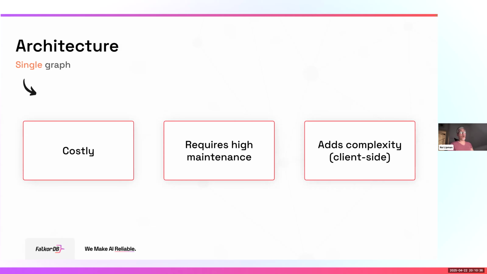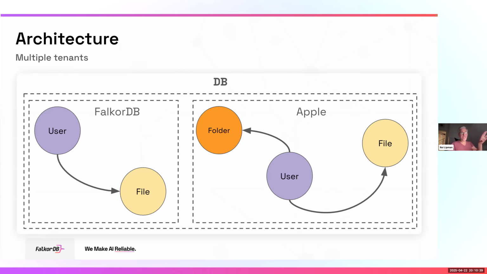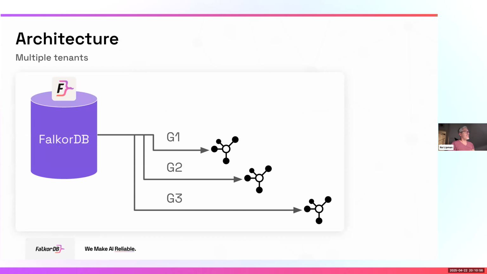And so what we really want is this type of architecture, where basically we have a single database which is able to manage multiple different isolated graphs, what we refer to as multi-tenant. And so this is exactly what FalkorDB does. Within FalkorDB, you can have multiple graphs. Each graph is associated with a unique identifier, the graph name or the graph key.